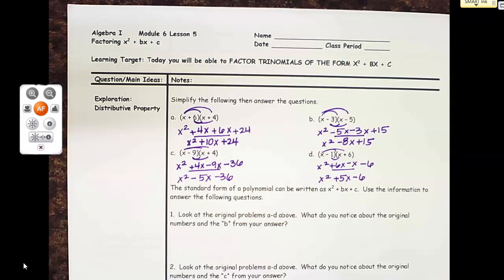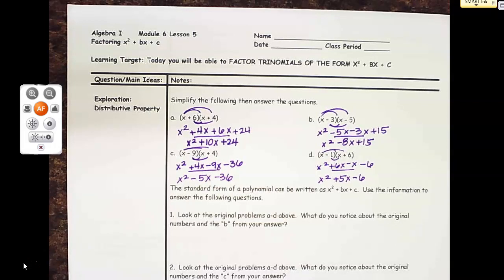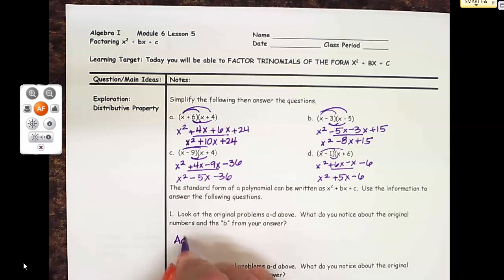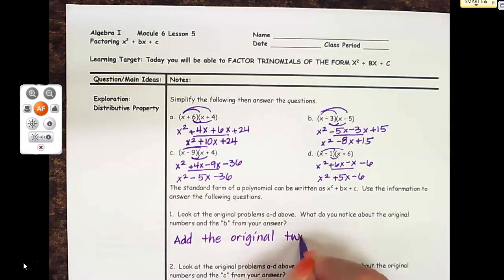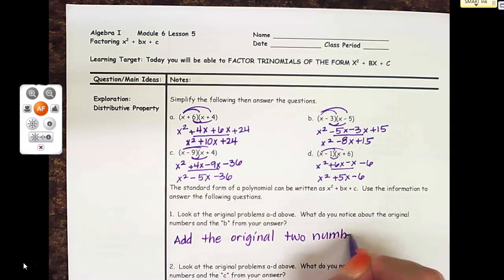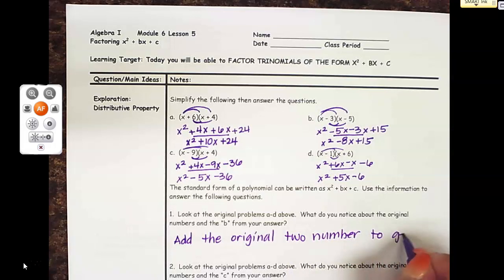So pause, think, write what you notice, and then I'll tell you what you're supposed to notice is that if you add the original two numbers, you get b.